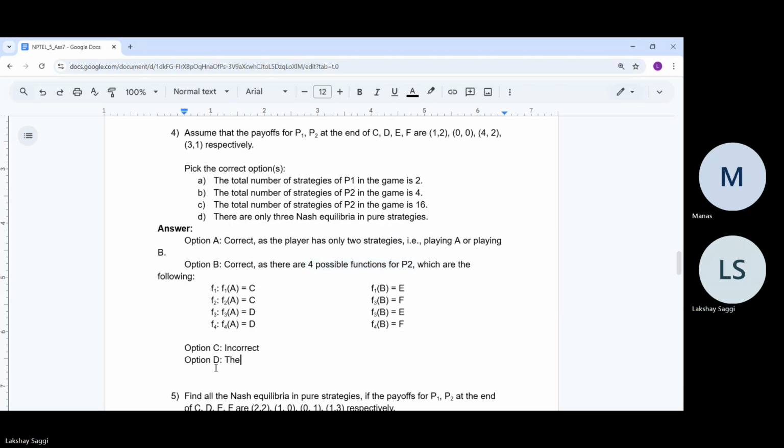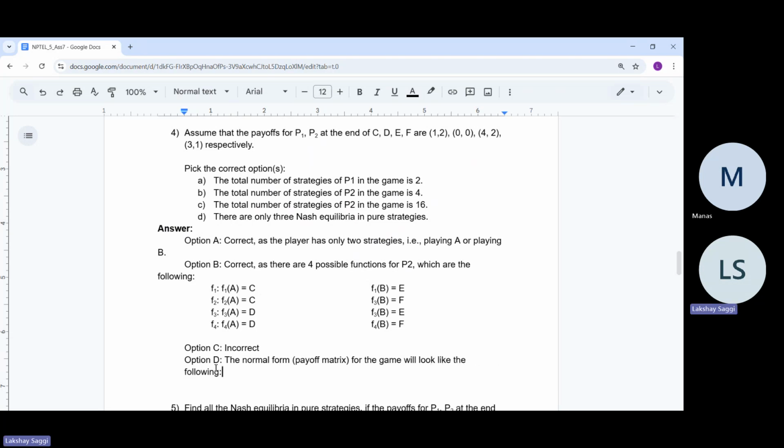So the normal form for the game, which can be thought of as a payoff matrix, will look like the following. So we'll convert this extensive form game to its normal form now.